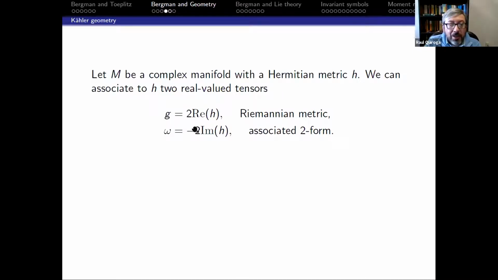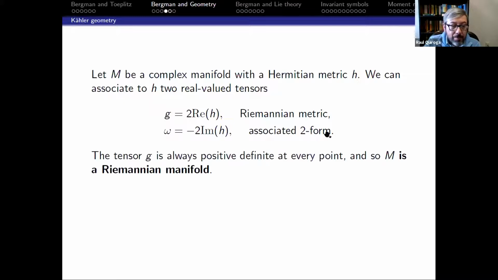I usually consider these kinds of normalizations to simplify some computations. The real part is going to be a Riemannian metric. On the other hand, the imaginary part, because of the Hermitian properties of H, is going to be a two-form. This G is symmetric, this is anti-symmetric.